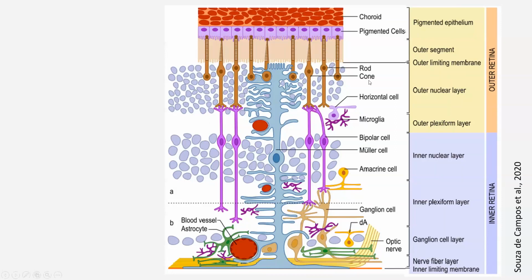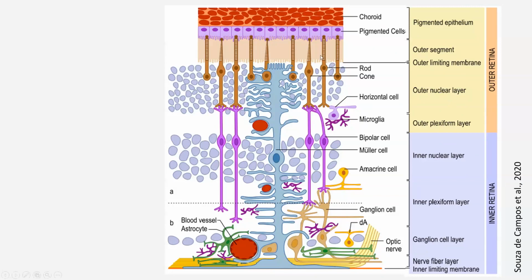I'm highlighting this information because the outer nuclear layer is one of the important layers that we look at in our studies. The length of the ONL is an indication of how healthy the photoreceptors are. So the longer the ONL, the healthier and the more numerous the photoreceptors are, and vice versa.